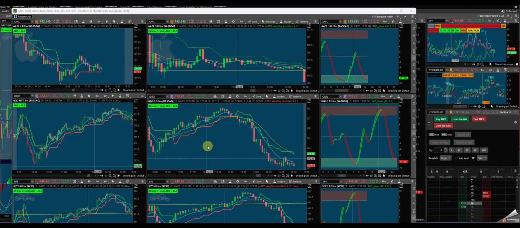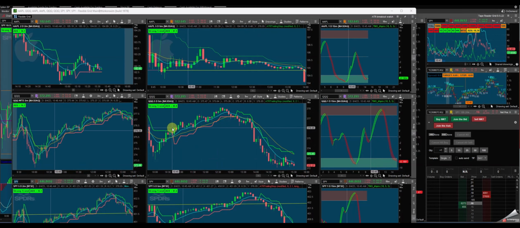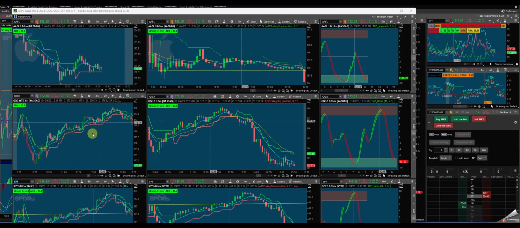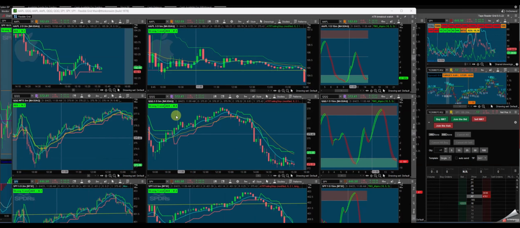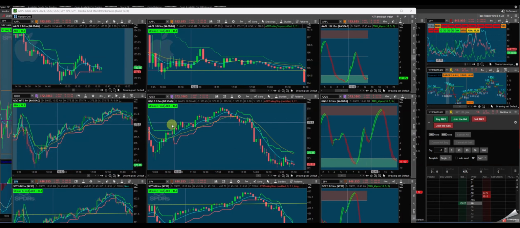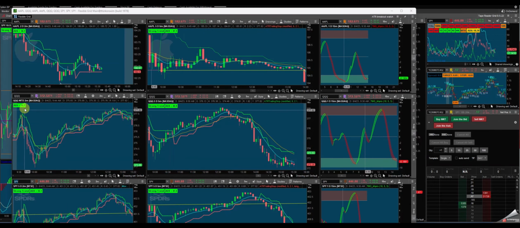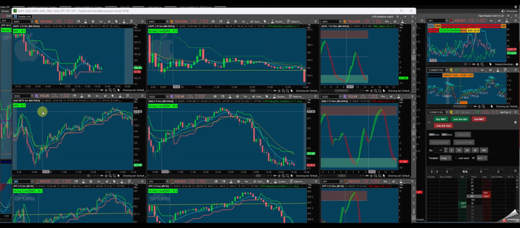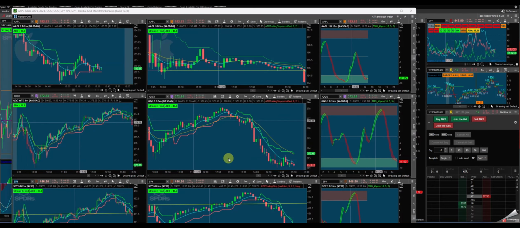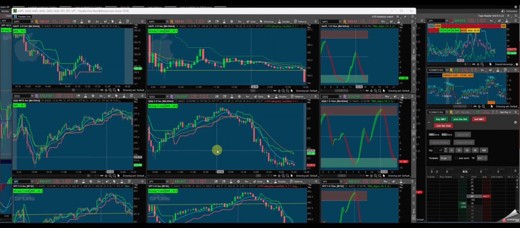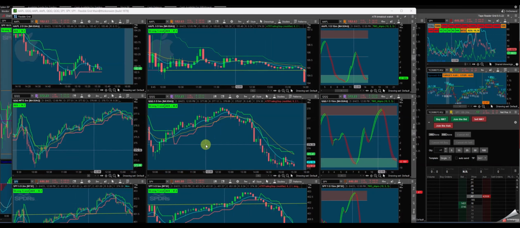So you just want that bullish or bearish context in the 2, the 5, the 15, and you want ADX above 25, preferably on both. And again, if it's 21 and 23, I'd probably take it. I mean, it's close, but that's sort of at your own discretion.